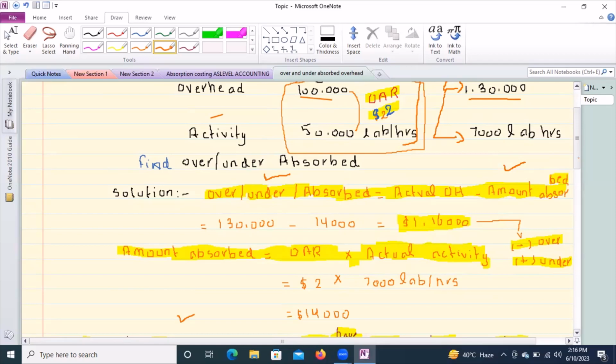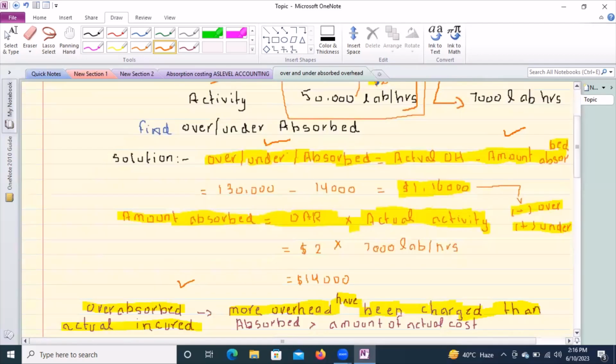For this, you have another formula. Amount absorbed is equal to OAR, which is basically the overhead absorption rate, and you learned to calculate this in your previous class. You multiply your OAR by the actual activity level.